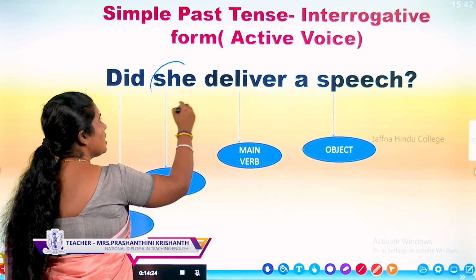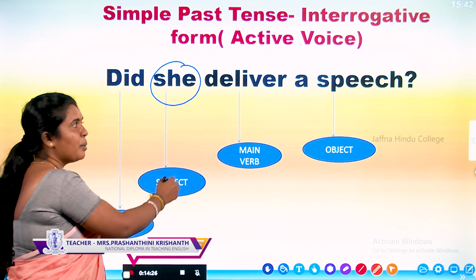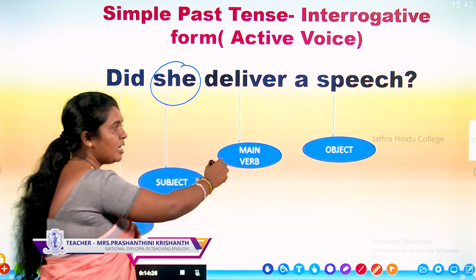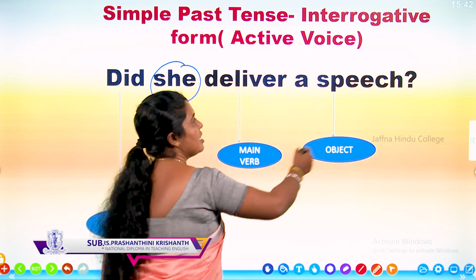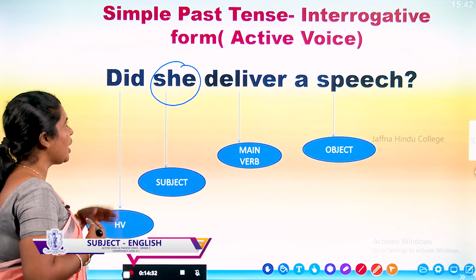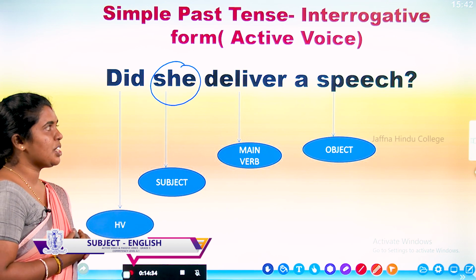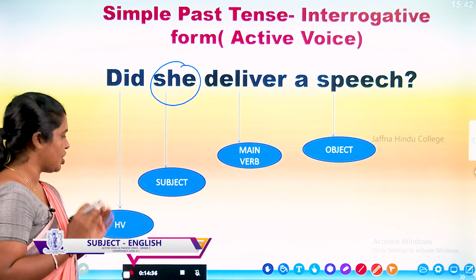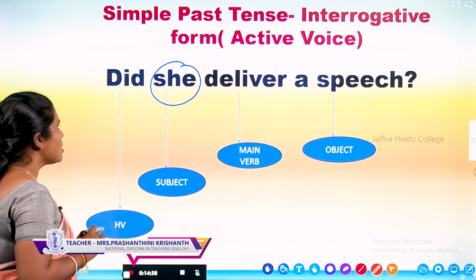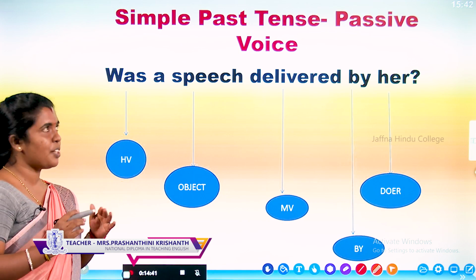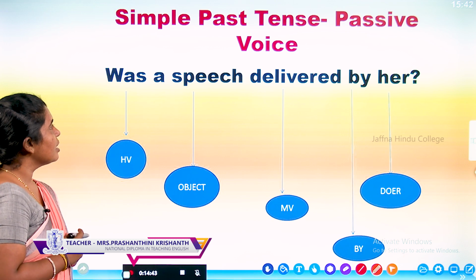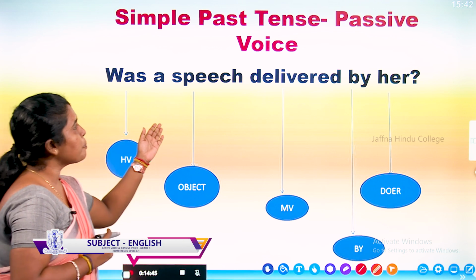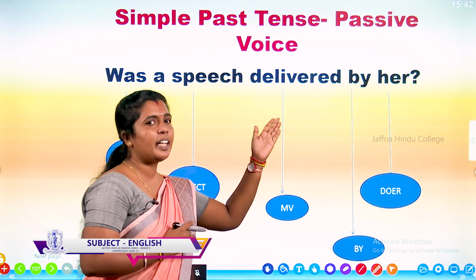What is the subject? She. Main verb deliver. Object is a speech. Okay. Did she deliver a speech? This is an active voice sentence. Now see how to change this into passive voice. Look at here. Was a speech delivered by her?